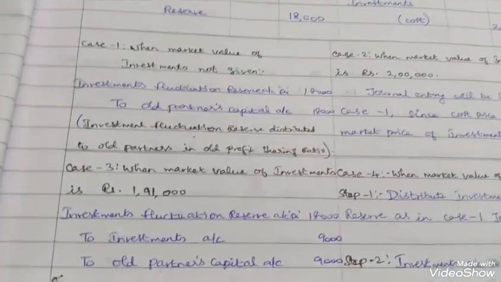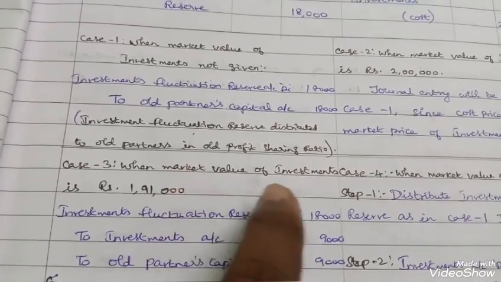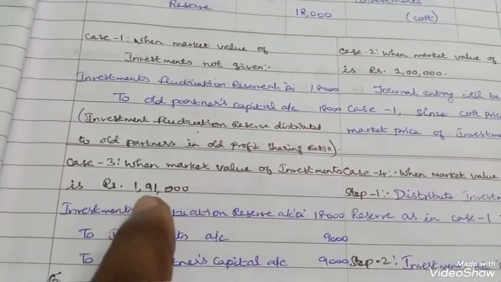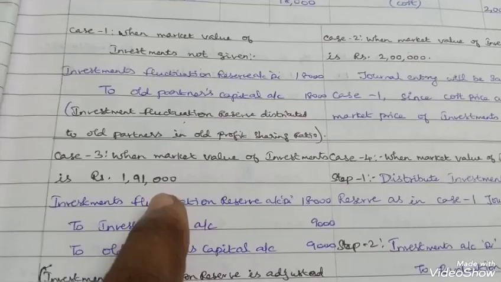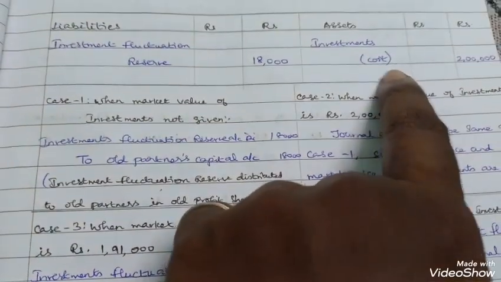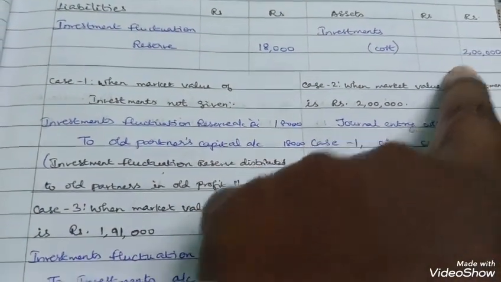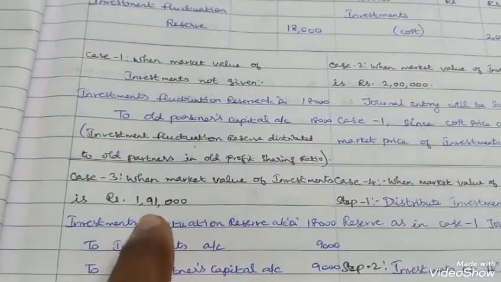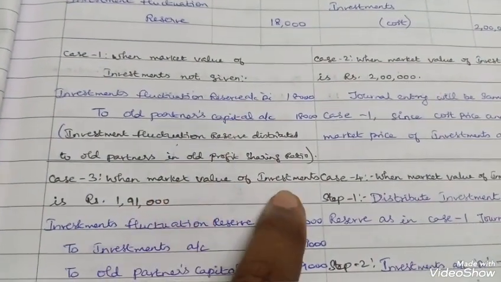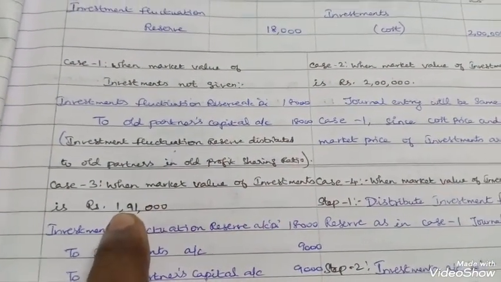Case 3, when the market value of investments is rupees 1,91,000. The cost price inside the balance sheet is only 2 lakhs, and here in the adjustments they have given the market value of investments as rupees 1,91,000.